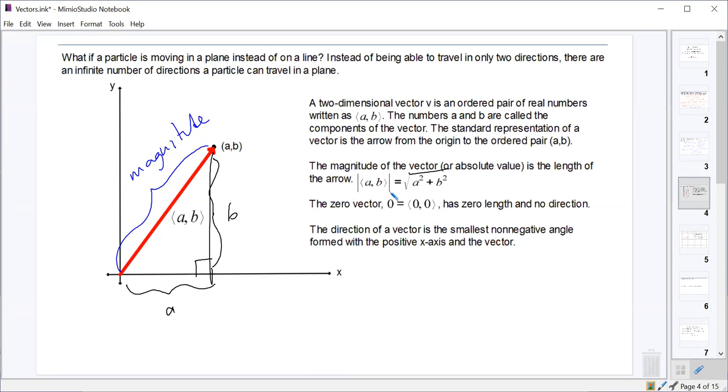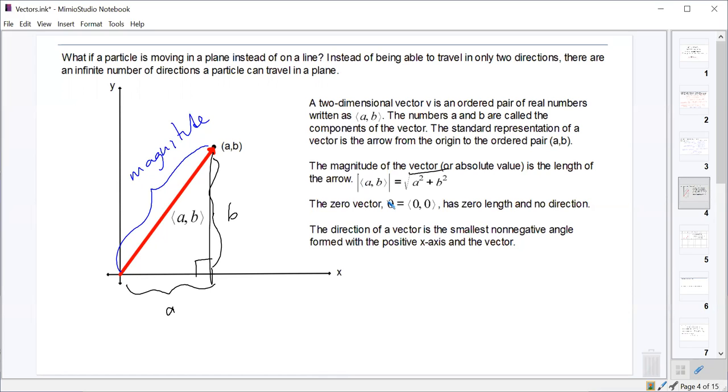Okay. So what would that tell you? And we'll get into this in a little bit, but what would that tell you about the speed of a particle if you were given a velocity vector? If this thing inside of here was a velocity vector, then the speed of that particle should be the absolute value of it, right?